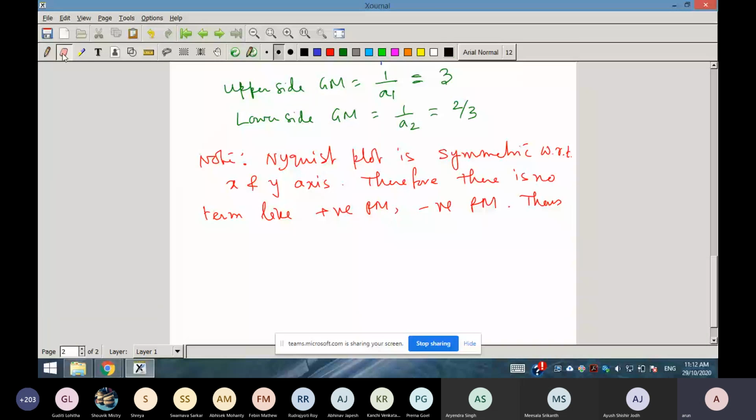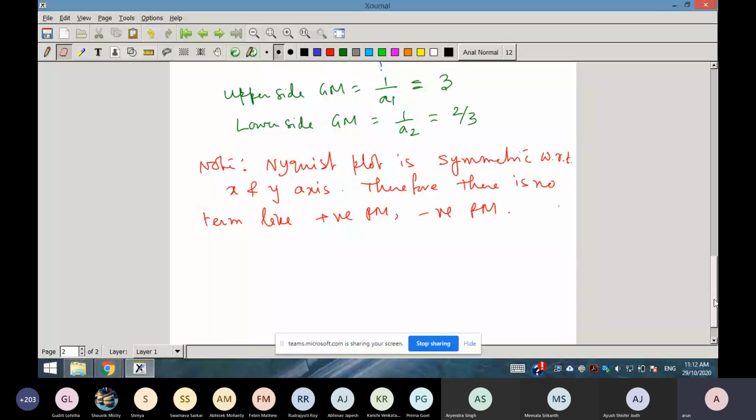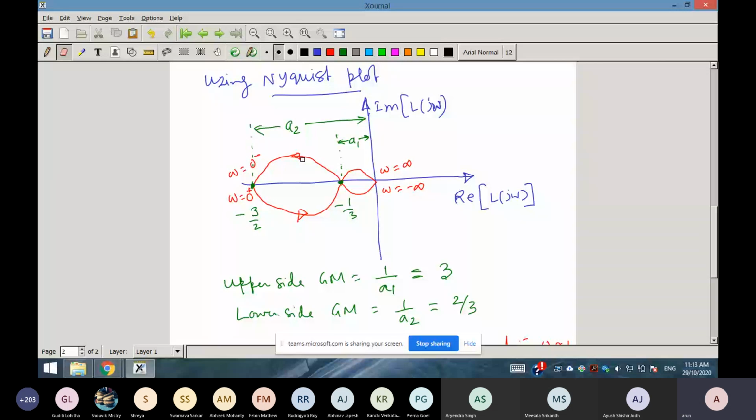So for the above example, what is the phase margin? The minus 1 point will be inside. So how to determine phase margin? For obtaining phase margin, we draw a unit circle with radius 1.